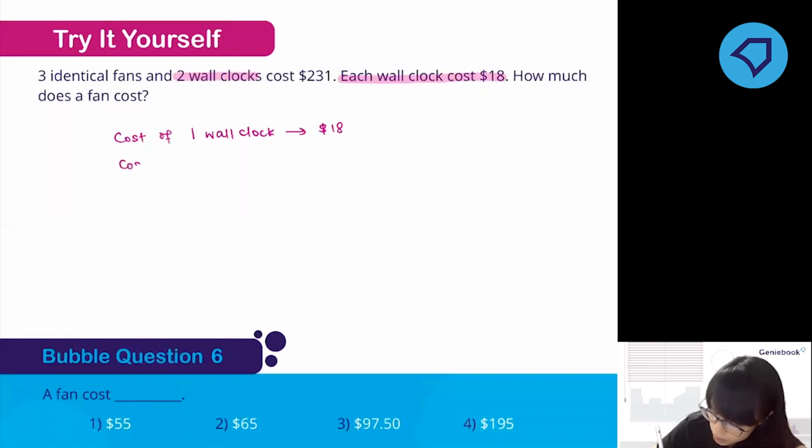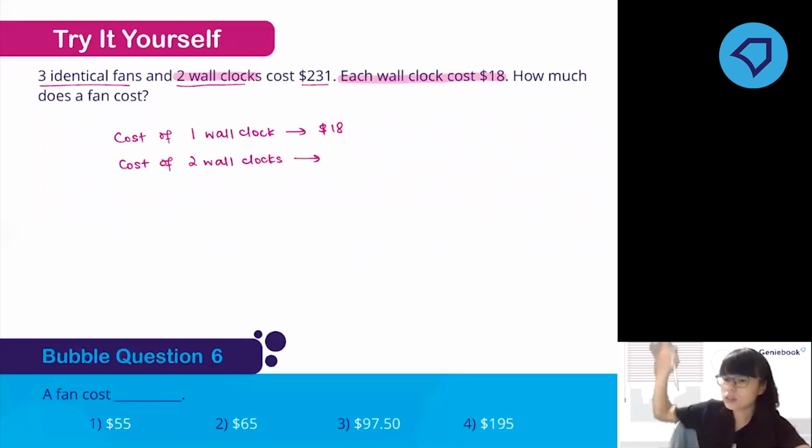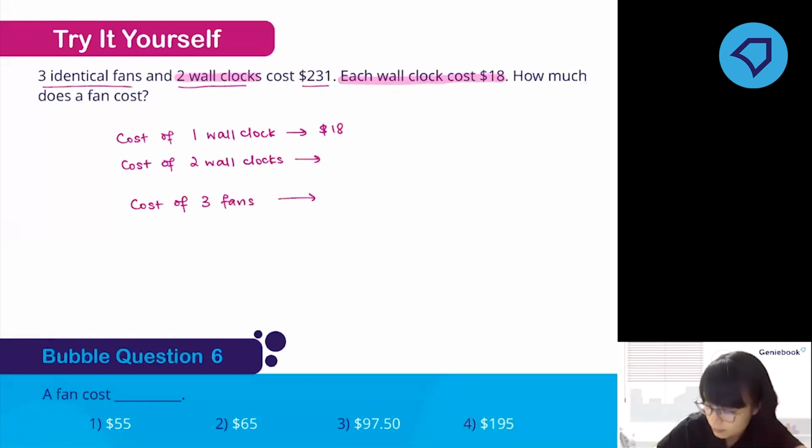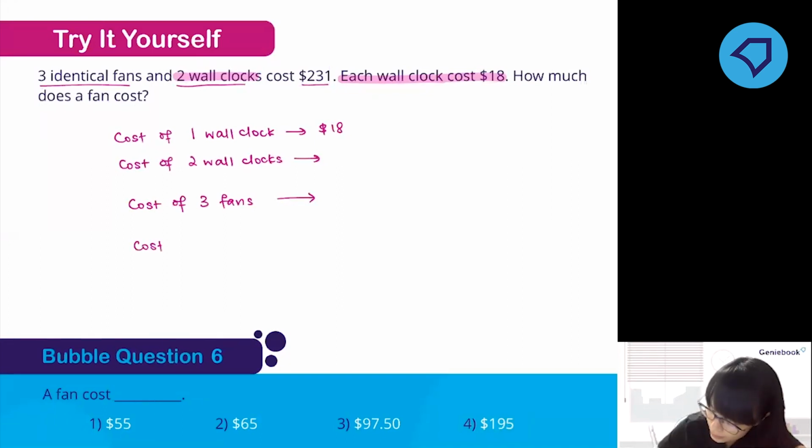So cost of 2 wall clocks would be how much? Okay, and then you know that 3 identical fans and 2 wall clocks is $231. Wall clock is a clock that you can hang on the wall. Okay, so from here you should be able to find the cost of 3 fans. Okay, and then finally you can find the cost of 1 fan.